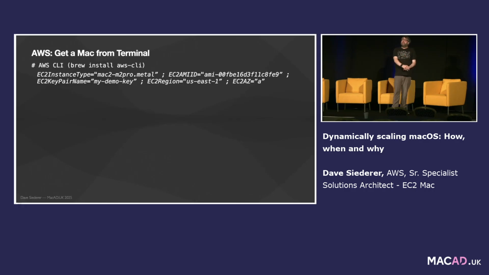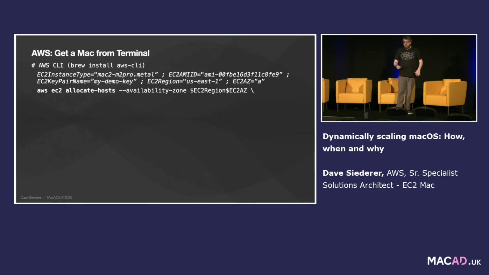I'm telling it what image to use, so I've got an AMI ID in there, Amazon Machine Image. When you connect to an EC2 Mac, you're connecting by default with SSH, unless you configure it otherwise later on. So I am mentioning an EC2 key pair as well in here, and a region and availability zone. This is where it's going, and a little bit more concentrated where it's going.